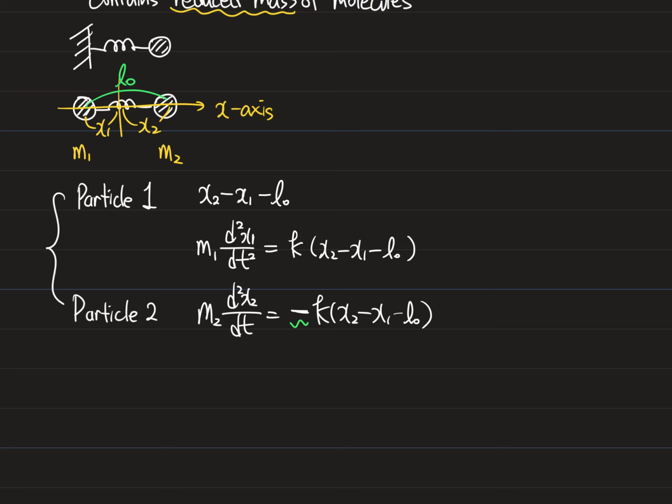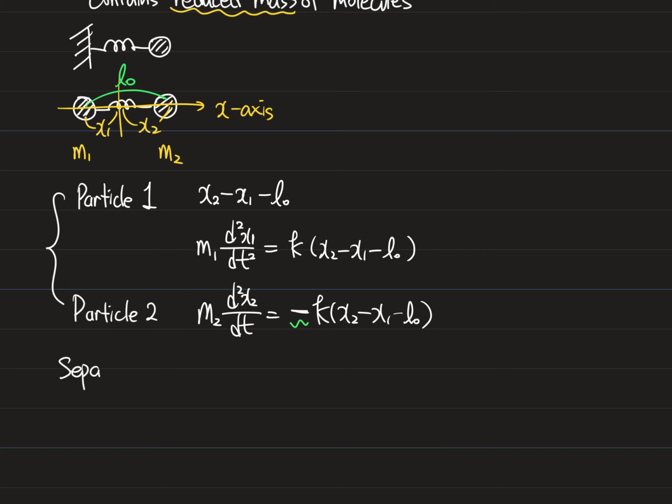The problem is that now we have two particles and therefore two equations of motion. So the two-body problem looks much more complicated than the single-body problem that we discussed in the previous chapter. However, we can simplify it by separating the motion of the molecule into two parts.